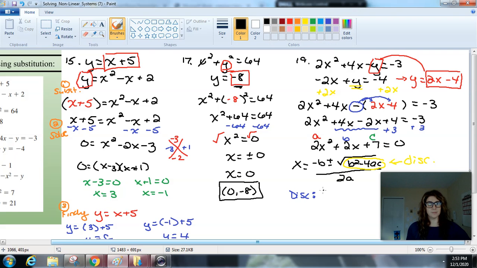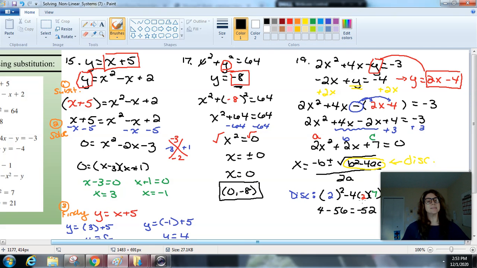So when I go through and put it in my discriminant formula, I have 2 in the a, 2 in the b, and c is 7. And then you go through and you simplify it. Well, 2 squared is 4, 4 times 2 is 8, 8 times 7 is 56. So this is a negative 52.